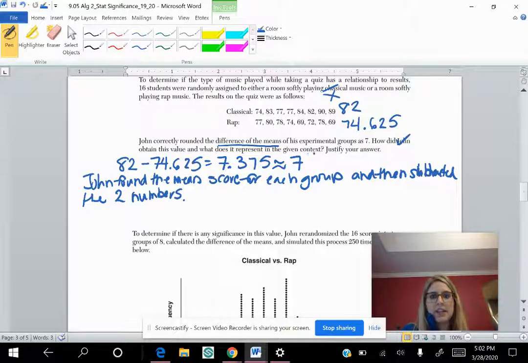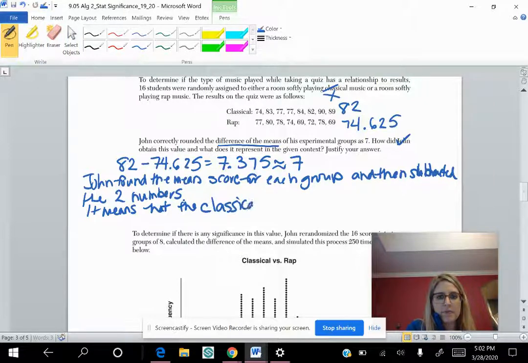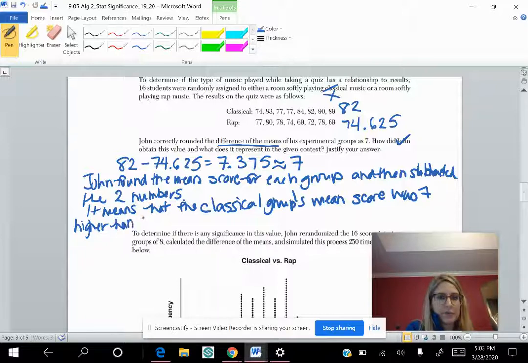What does it represent in the given context? In this context, it tells us that the classical group's mean was 7 points higher than the mean score of the rap group.